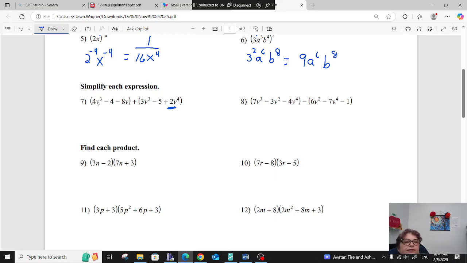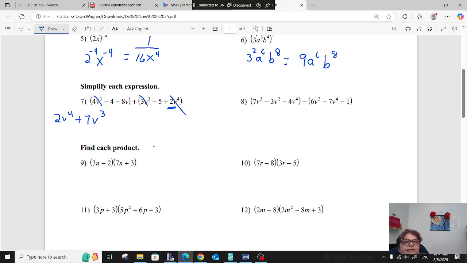Are there any other v to the 4th? No. So I'm not adding anything with it. I'm just putting it first. And I'm done. Now I need a v to the 3rd power. 4v to the 3rd, 3v to the 3rd. You add the coefficients, leave the variables alone. So plus 7v to the 3rd.